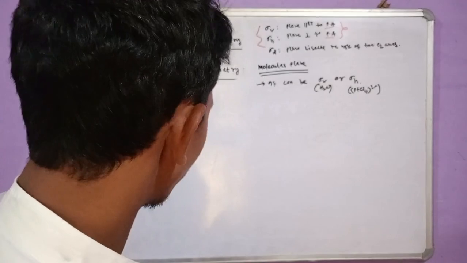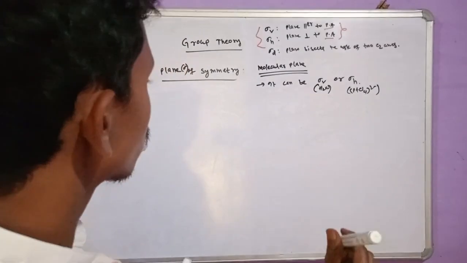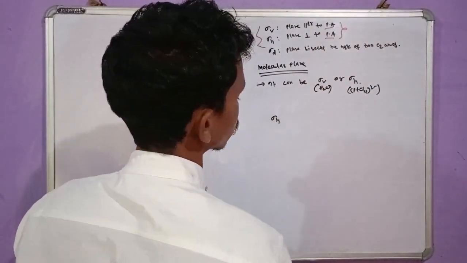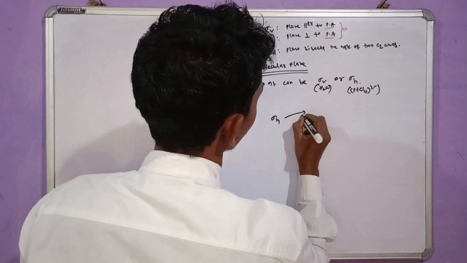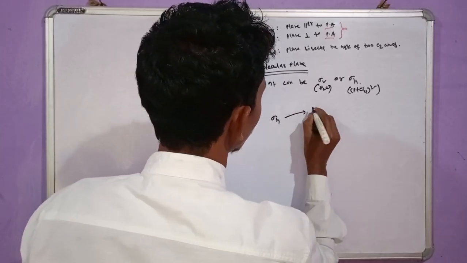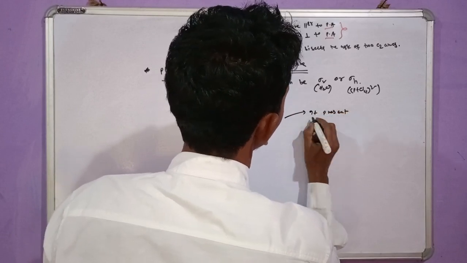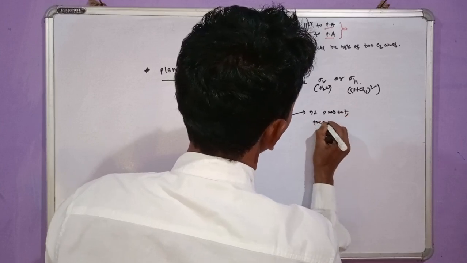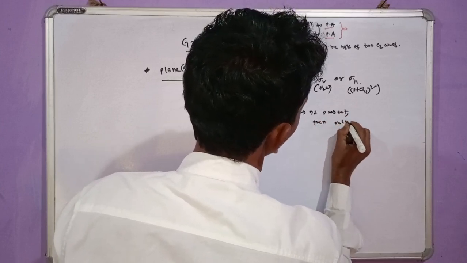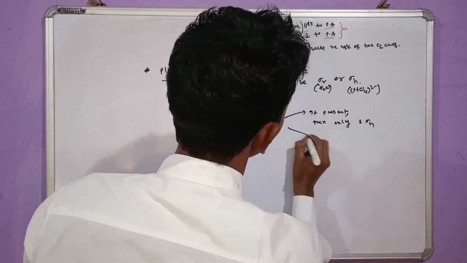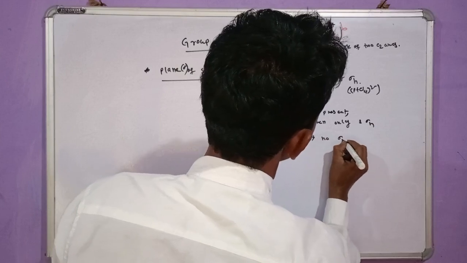Let's say I take ammonia, and also note one thing about sigma h. If sigma h is present, then we get only one sigma h, or no sigma h.